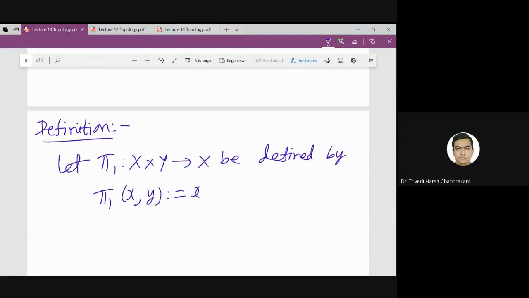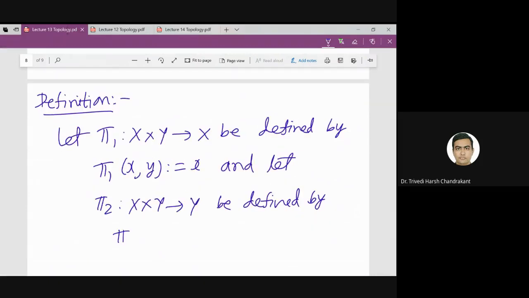So we know the projection maps. The projection on X I will denote as phi1, and let phi2 be the map from X cross Y to Y defined by phi2 of (x, y) defined to be y.